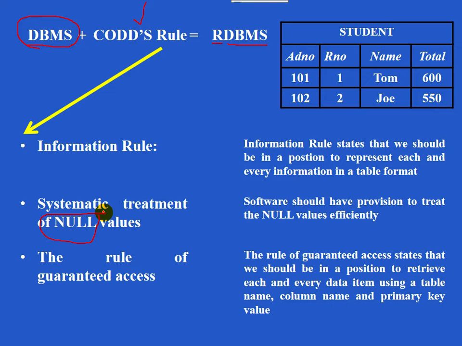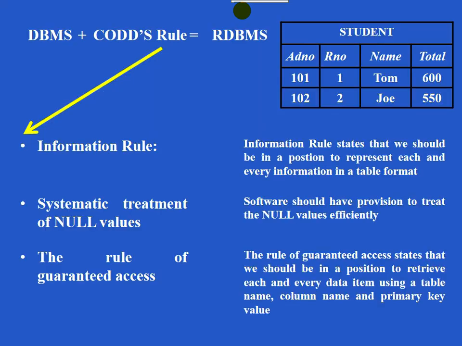If you don't enter anything, the system will not show any error message; that will be taken as a missing entry or a null value. Certainly Microsoft Access is a database management system, but it satisfies all the 12 properties of Codd's rule. So we don't say it as DBMS, we say it as RDBMS, relational database management system.